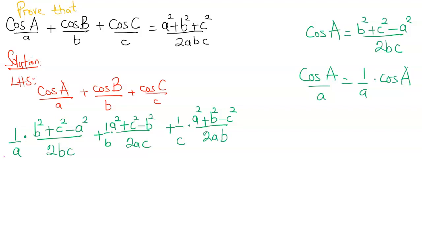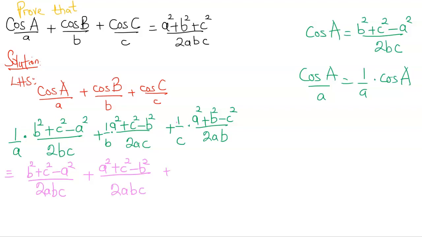Now, this is going to simplify to b squared plus c squared minus a squared over, now a times 2bc is just 2abc. The middle one here is a squared plus c squared minus b squared, and the b is also going to multiply 2ac, that's going to give 2abc.